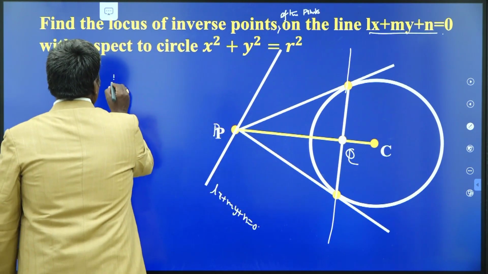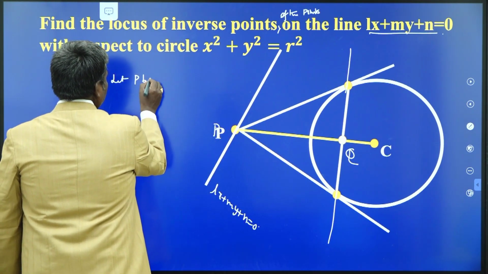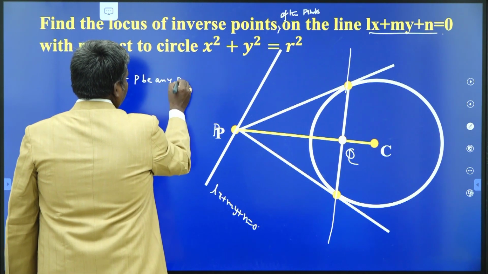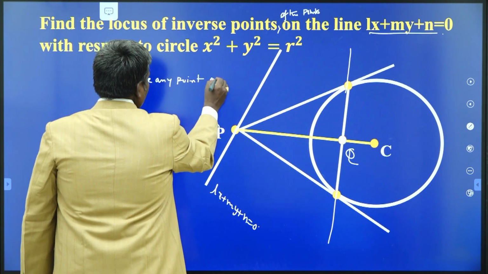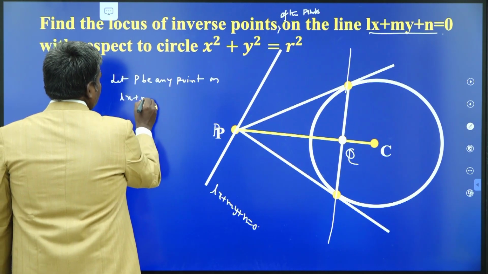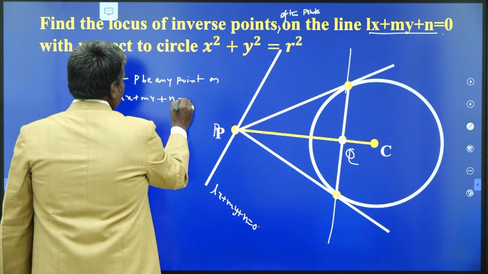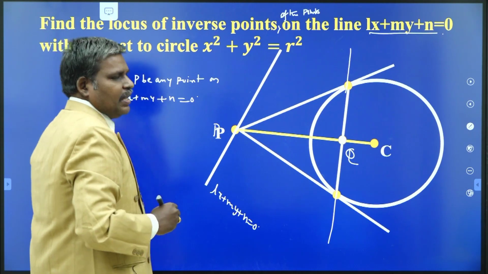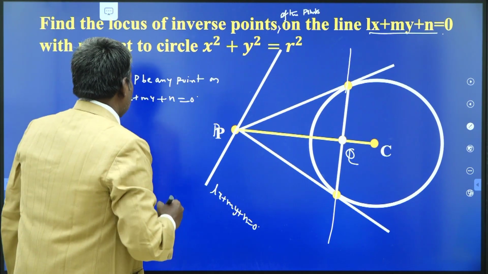Let P be any point on the line Lx plus My plus N equal to 0.